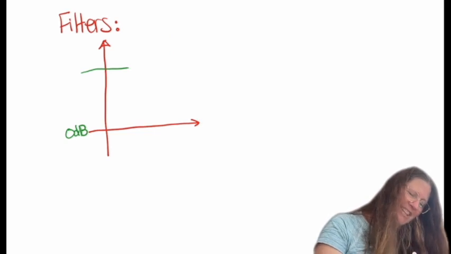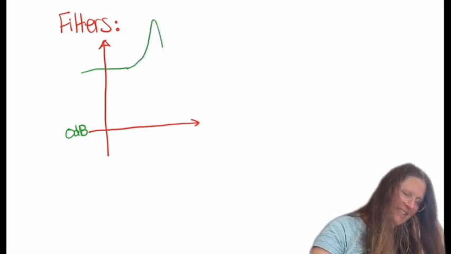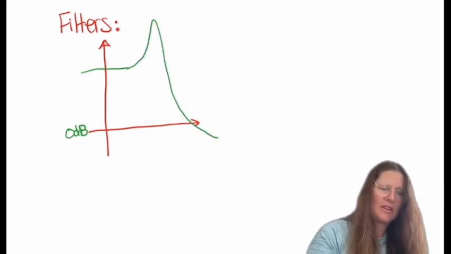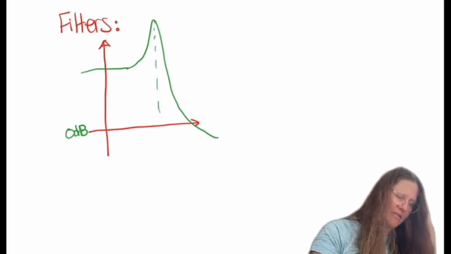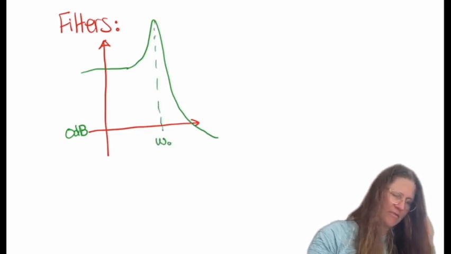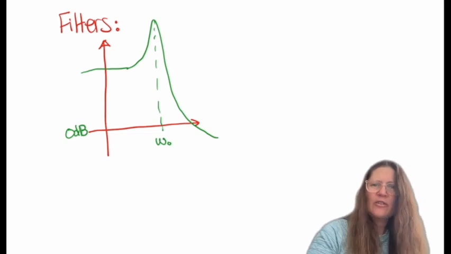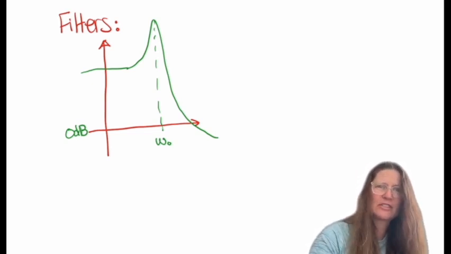Let me try that again. Okay, that looks better. First question is this: what kind of a filter is this? If you guys want to just put in the chat your thoughts on what filter this is.